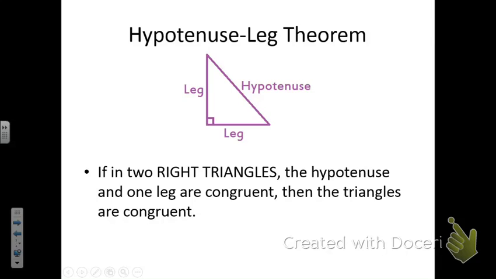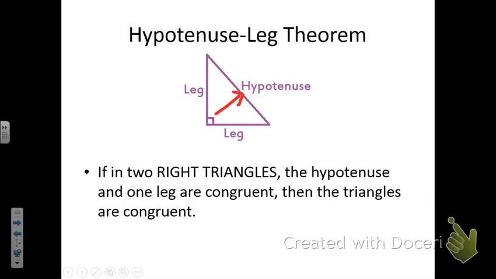The longest side. But how do I know for sure that it's the longest side? Because the other two are legs. Good. It's across from the right angle. So we know that we always have our hypotenuse across from the right angle.